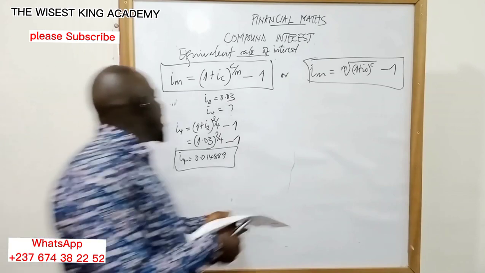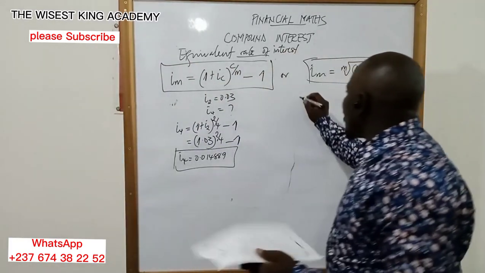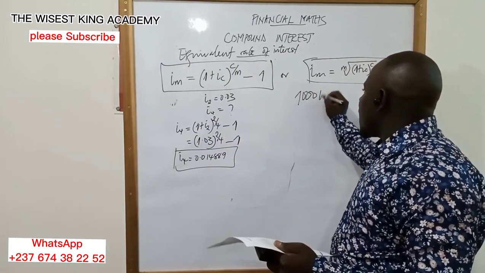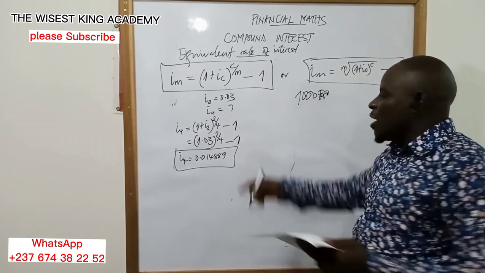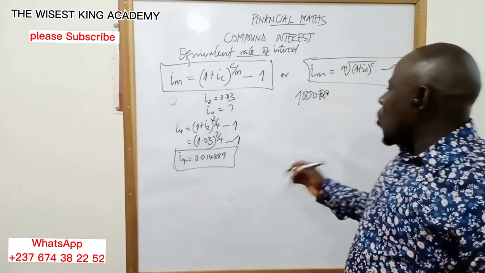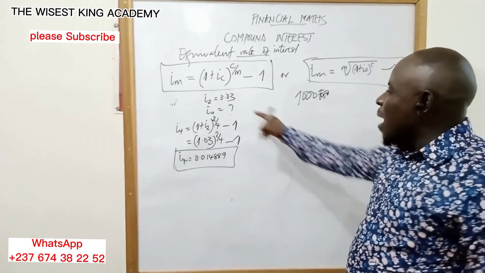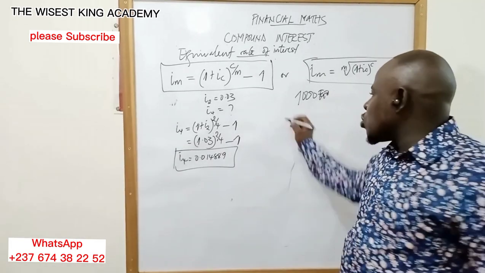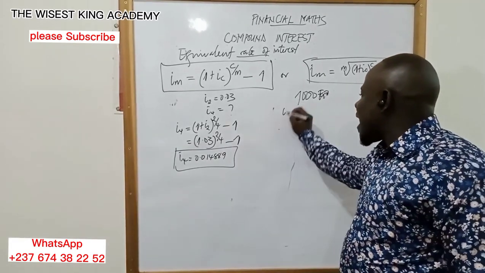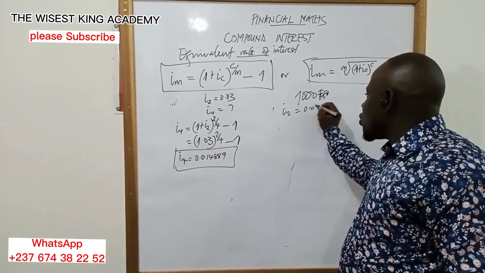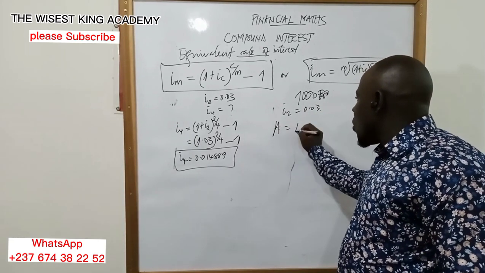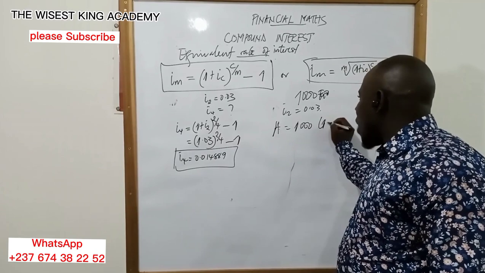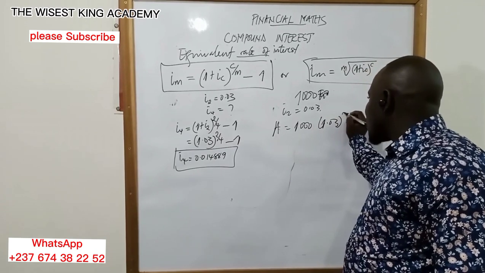Now, let's say a capital of 1,000 is invested. Let's calculate the acquired value at the end of 1 year. At the end of 1 year, how many semesters do we have? 2, so it will be 2 periods. So A, if I take i_2, which is 0.03, will be 1,000 times 1.03 raised to the power 2.